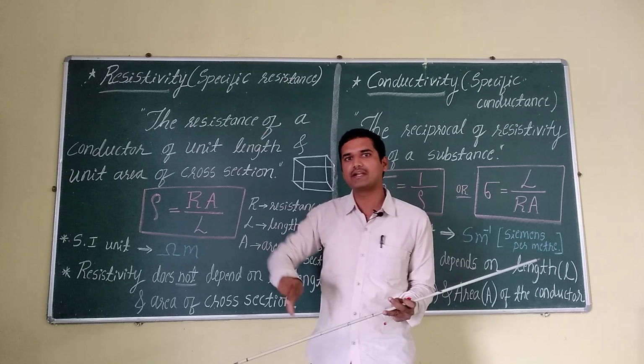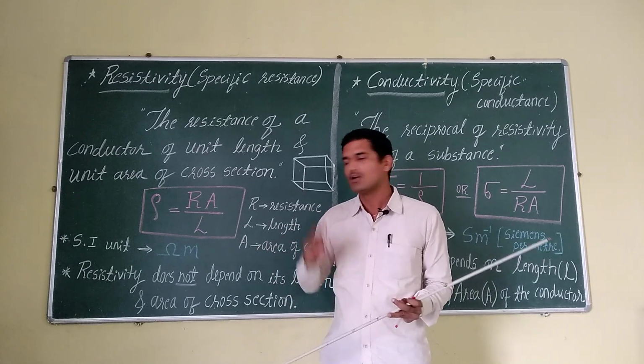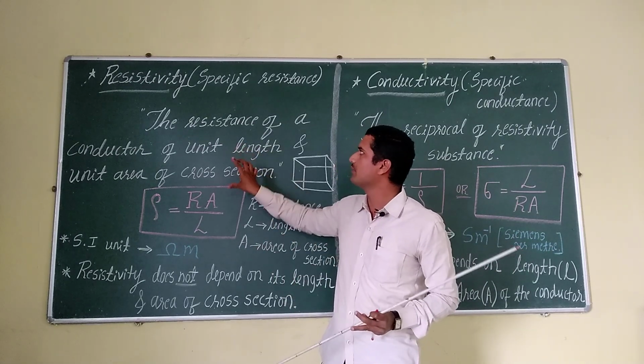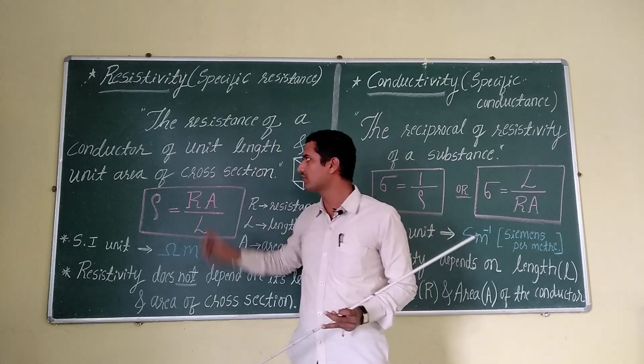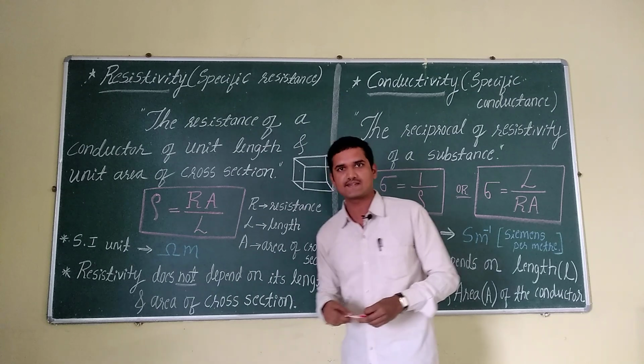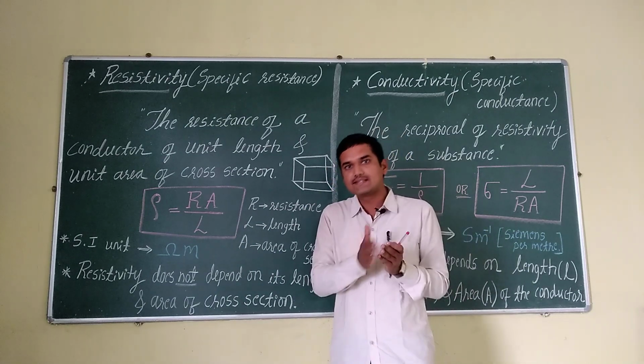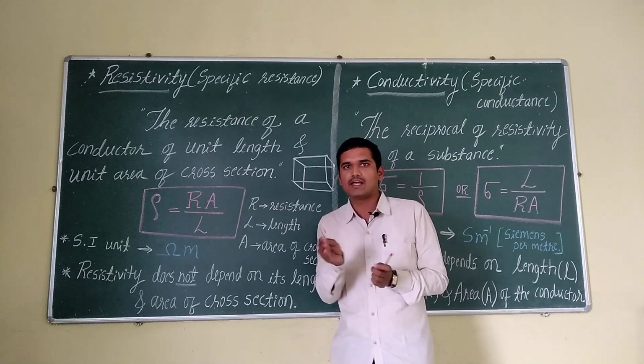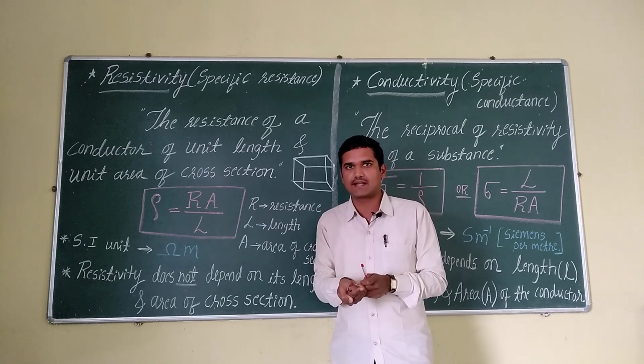This complete opposition created by that substance is generally called resistivity. That means inside that conductor, for the flow of the electrons, certain opposition is created.